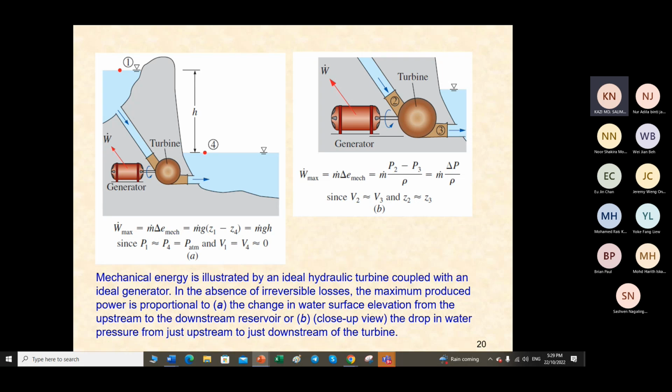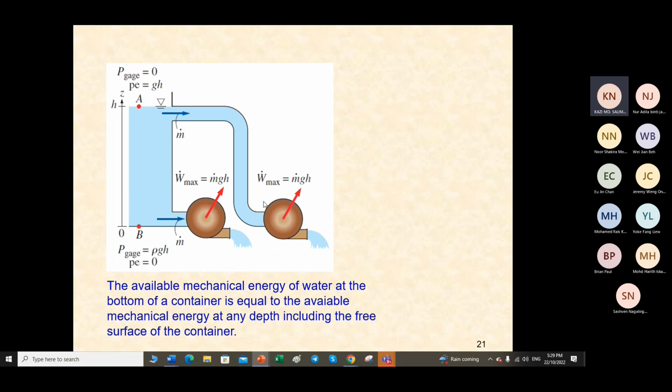With this understanding, we move on further. If we consider this surface A, which per unit is g into h, and then from this B, the discharge from there, if you consider it, then rho into g into h. So that is the amount of energy.